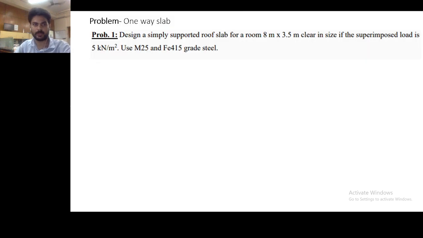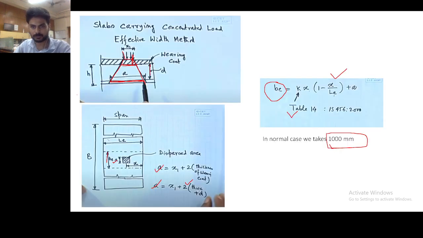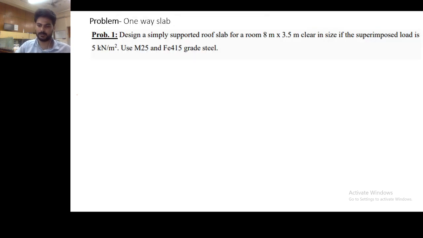So we will see one problem, only up to the design of the steel, and then we will wind up today's lecture. The one-way slab problem is: design a simply supported roof slab for a room 8 meter by 3.5 meter clear span in size.